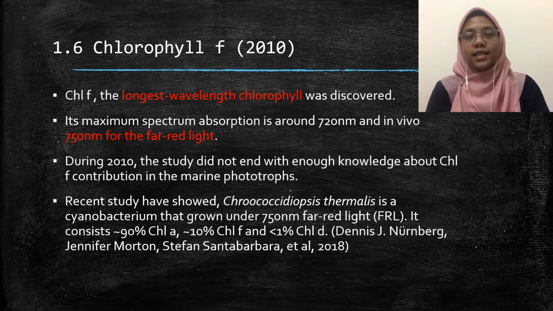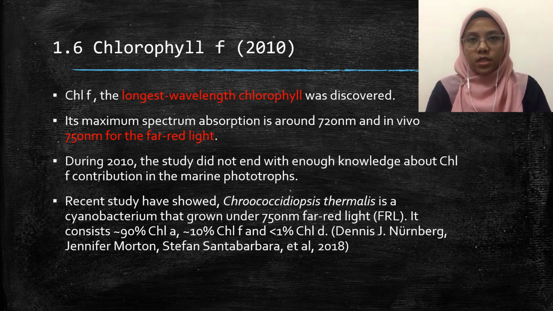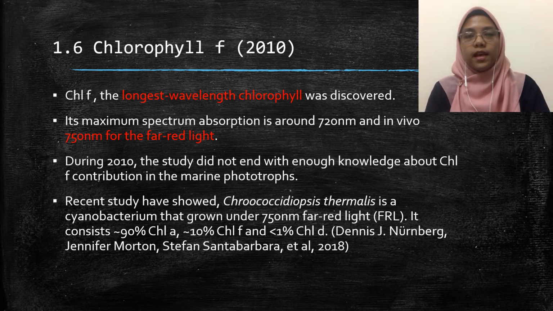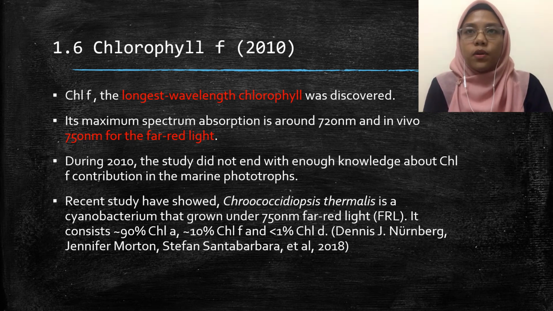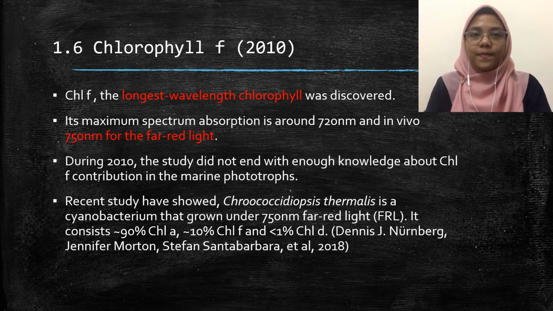In 2010, the studies of chlorophyll f did not end with enough knowledge of its contribution in marine phototrophs, but some researchers continued these studies and found a cyanobacterium that grew under 750 nanometer far-red light. It consists of 90% chlorophyll a, 10% chlorophyll f, and less than 1% chlorophyll d. The cyanobacterium is called Chroococcidiopsis thermalis.